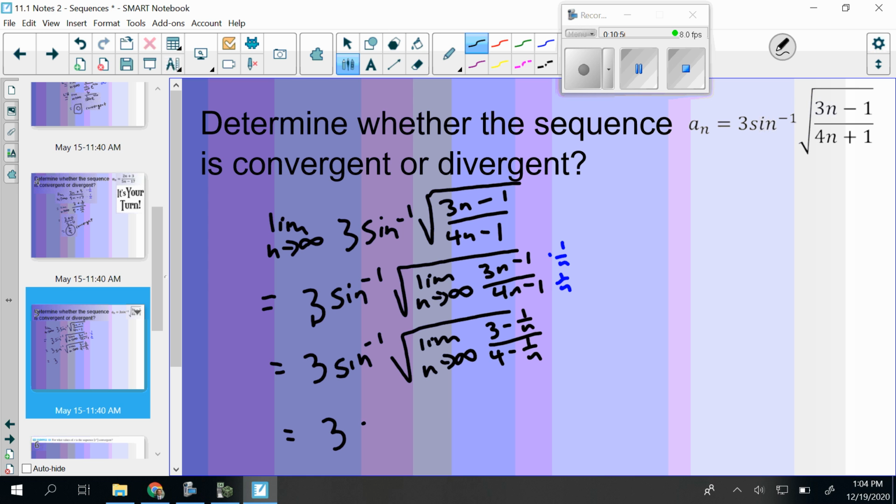So now that we know that limit approaches 3/4, we can just evaluate this function at what we know the limit approaches. So what is 3 inverse sine of 3/4?